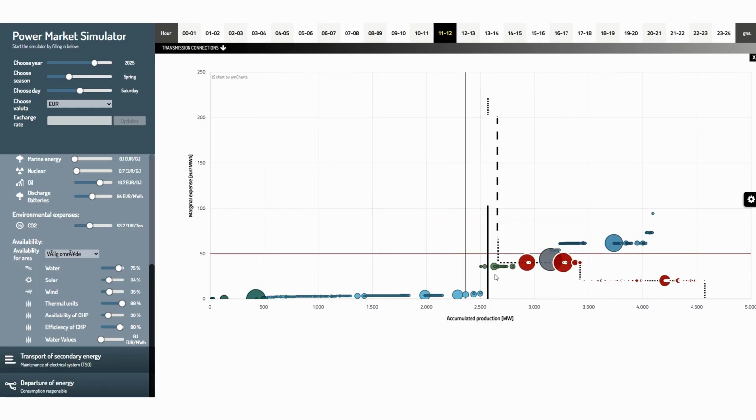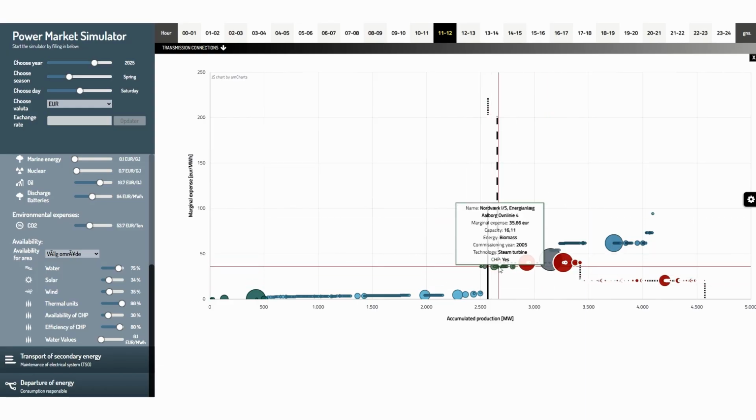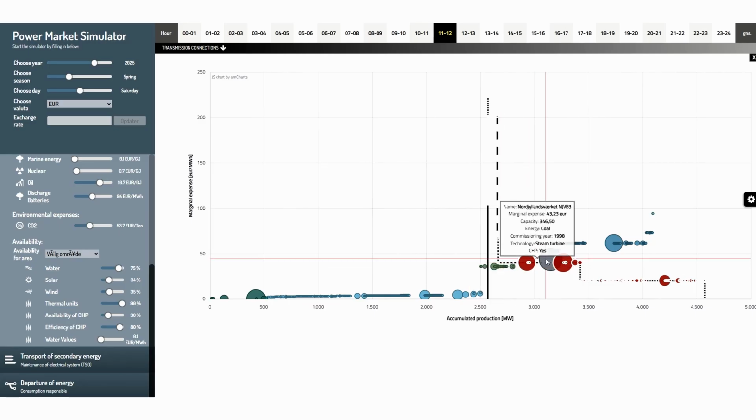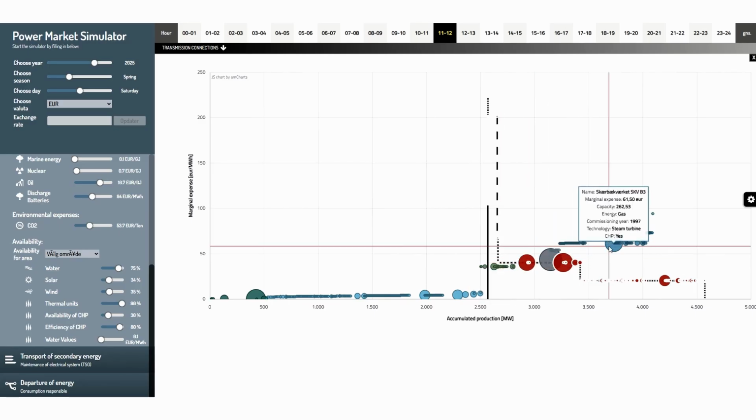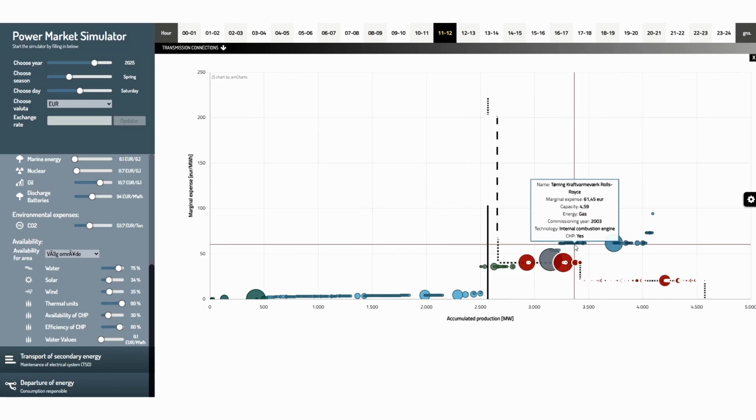And what you can see here is that the marginal cost of the biomass units and the coal-fired unit and the gas-fired unit has decreased because we have a higher efficiency on these units because they are producing both heat and power.